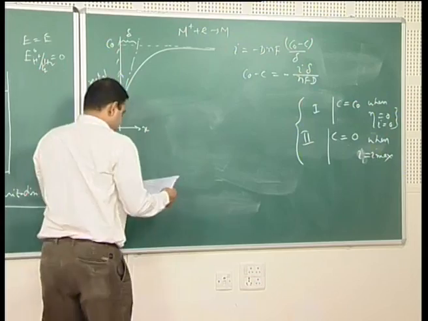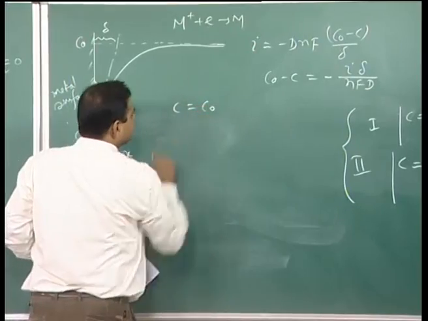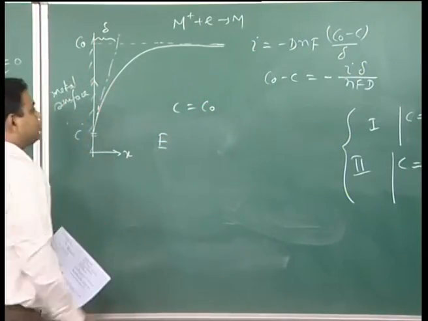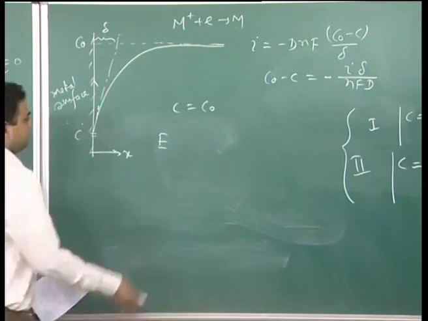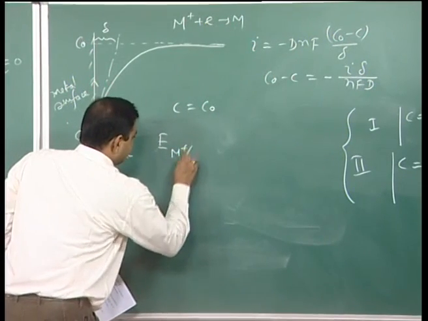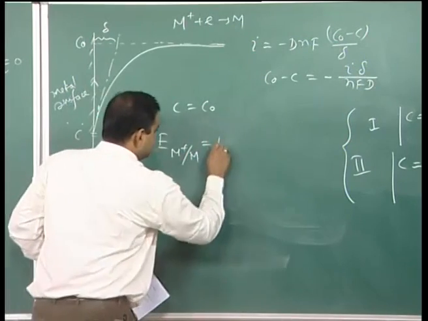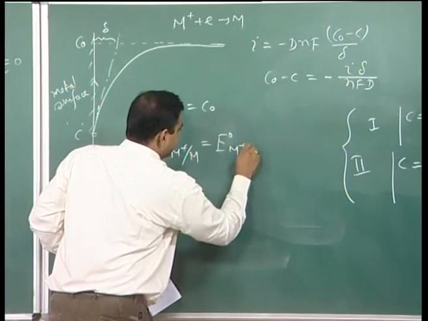How would I do that? Now, when C equals C0, I can find out what my potential would be: E of M^n+/M equals E0 of M^n+/M.